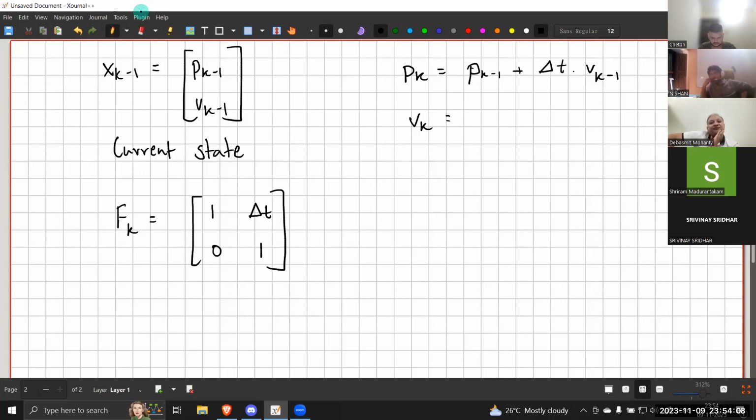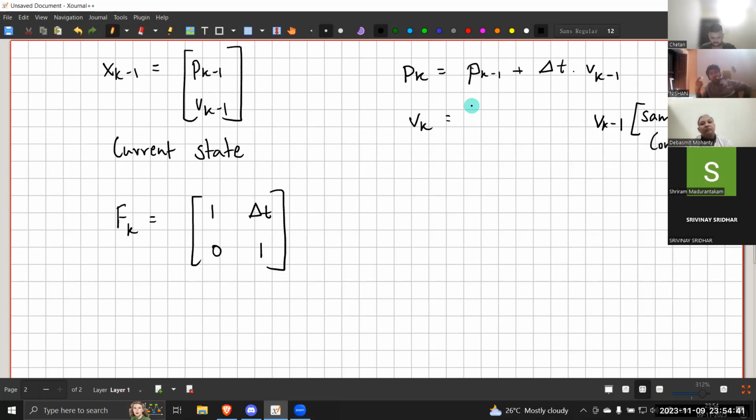So the velocity remains the same over time, right? So it's like you are going from position 1 to position 2 with uniform velocity. Your position is changing, but your velocity is not changing. What you are writing as position is your previous position, which is your current position, and what your next position would be after delta t time.